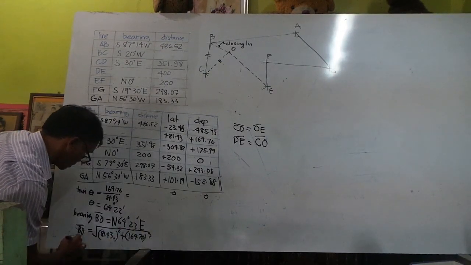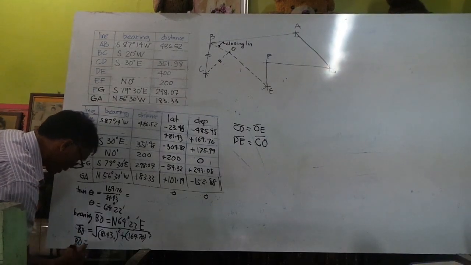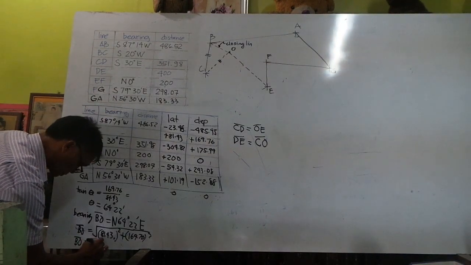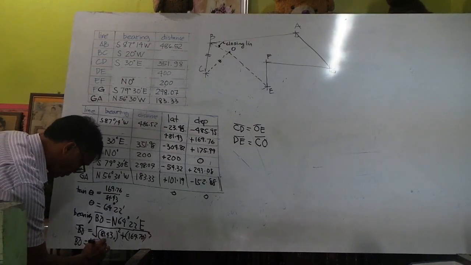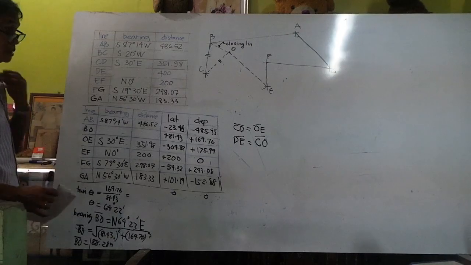Then your BO line will be equal to 188.28 meters. So that is the description of this BO.